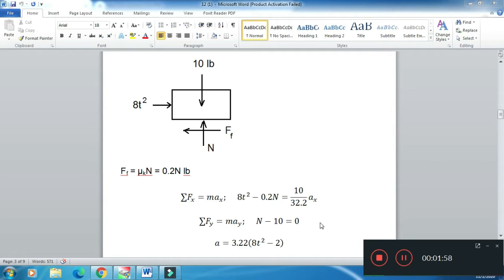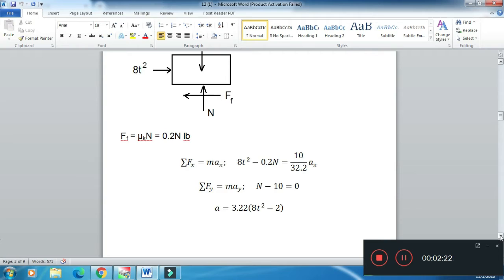Then we apply the force balance in y direction. In y direction there is no acceleration, the motion is in x direction, so ay will be equal to 0. So after solving the first equation, we get acceleration a equal to 3.22 multiplied by 8t square minus 2.